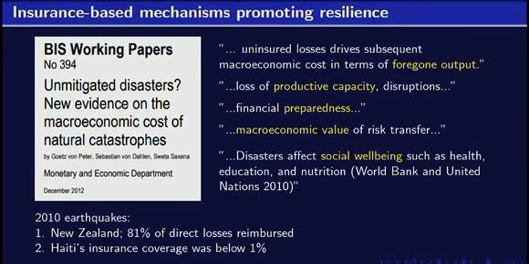But in New Zealand, because insurance is mandatory, 81% of the losses were covered. There was lots of disruption, the major airport, buildings, reconstruction going on, and the payouts were not immediate. They take time. But as you can see, 81% of the losses were covered by insurance, but in Haiti, just under 1%.